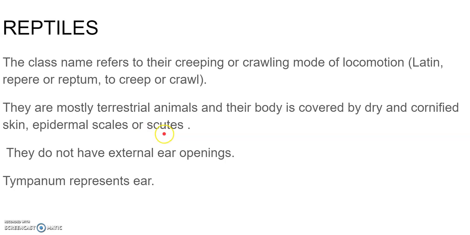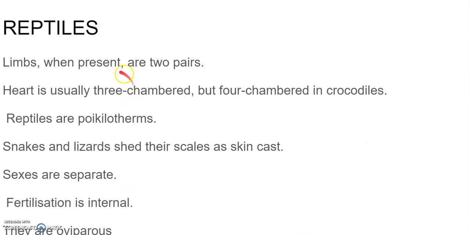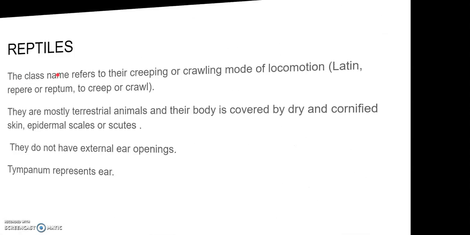Epidermal scales or scutes. They do not have external ear openings like we have. Here there are no external ear openings. Tympanum, the eardrum, is present, which represents the ear. And limbs, when present, are two pairs. Sometimes limbs are absent, for example in snakes.